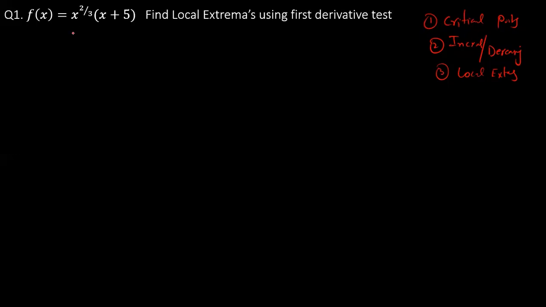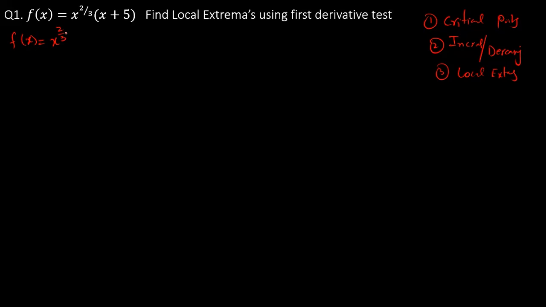Before differentiating this, I will rewrite it. This is f of x, and we can rewrite it like this: when we multiply this with this, it will become 2 by 3, x power 1.